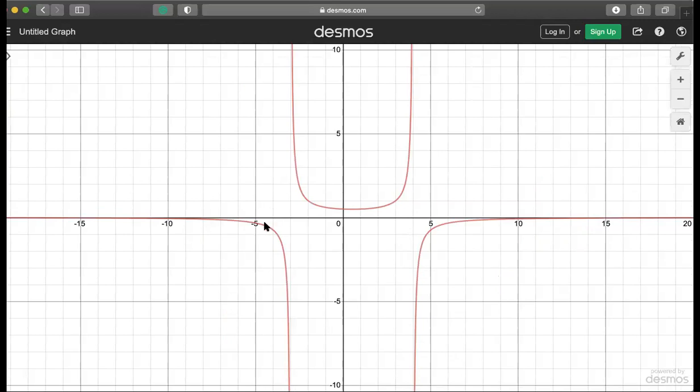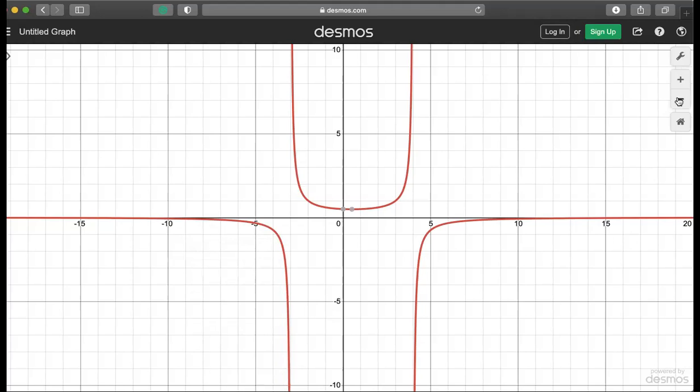So you can see if I touch this graph, if I get close to, remember one of the asymptotes was -3. So as I get closer and closer, here's -5, here's -4. As I get closer and closer to -3, look what's happening. You can see on the left, on the points over here, the x value is getting closer and closer to -3, but the y value is going towards -infinity the closer I get to it.